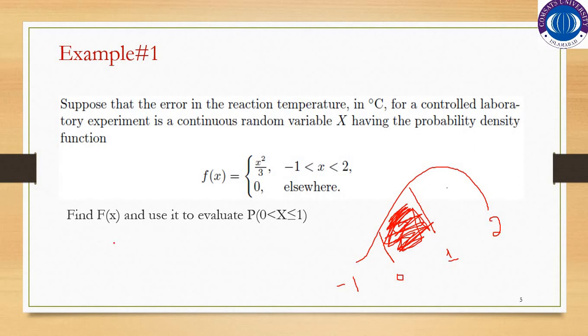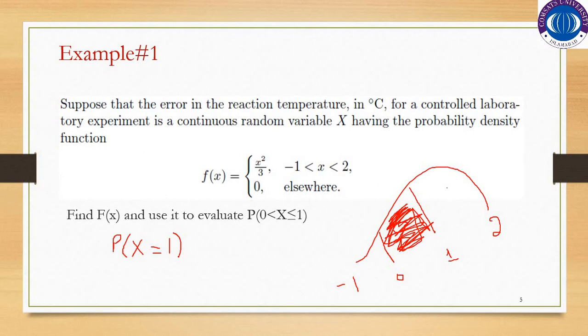But in the continuous case, you can't find the probability that x is equal to some particular point. Let's say in this PDF, you were asked to find the probability x is equal to 1. You can't find this. Why?